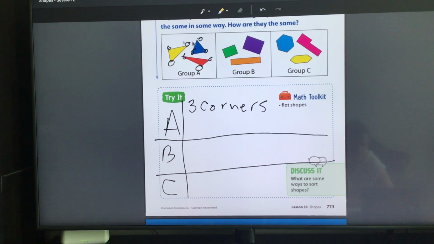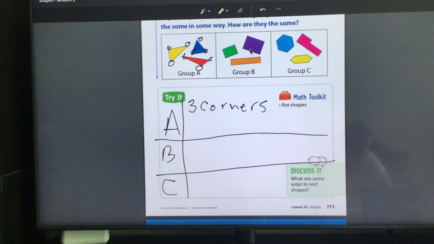Okay, let's look at group B. How could we say that group B, all of these shapes are the same in some way? We could count the corners again. We could count the size, or we could look at the shape of them. If I look at the green shape, that tells me that that is a rectangle.